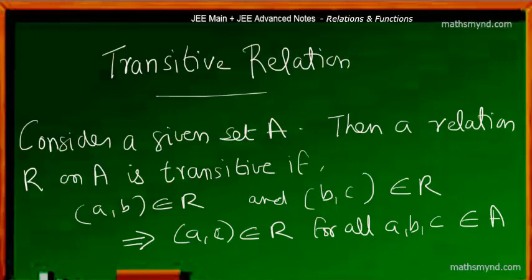Now note the point that we are dealing with a single set, and here now a relation. We know that when a relation or a link-up is based on a particular property, and when we are saying that if (a, b) and (b, c) are elements of a relation, then the first component of the first pair is pairing up with the second component of the second pair to form a third ordered pair.